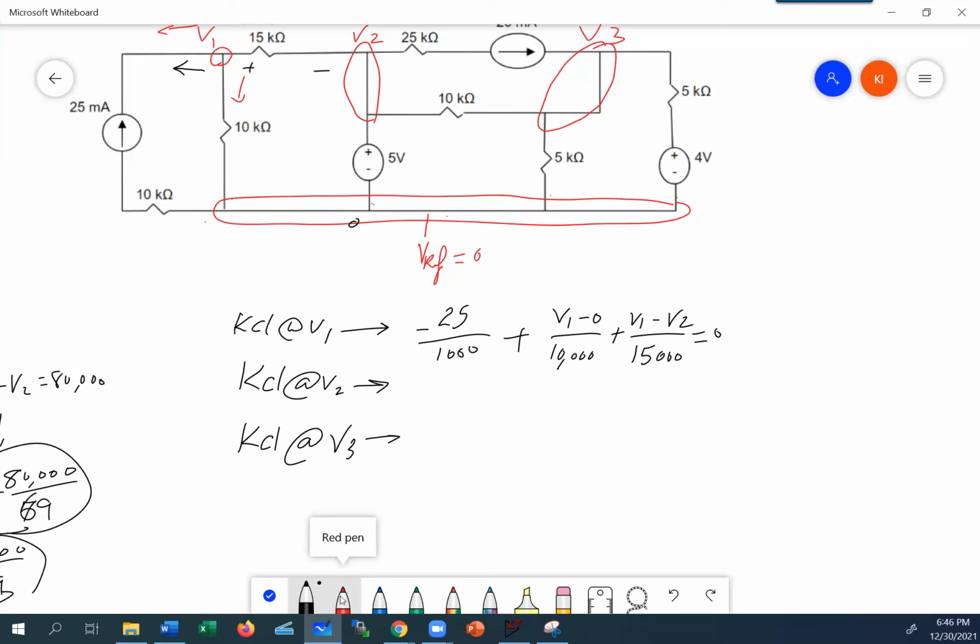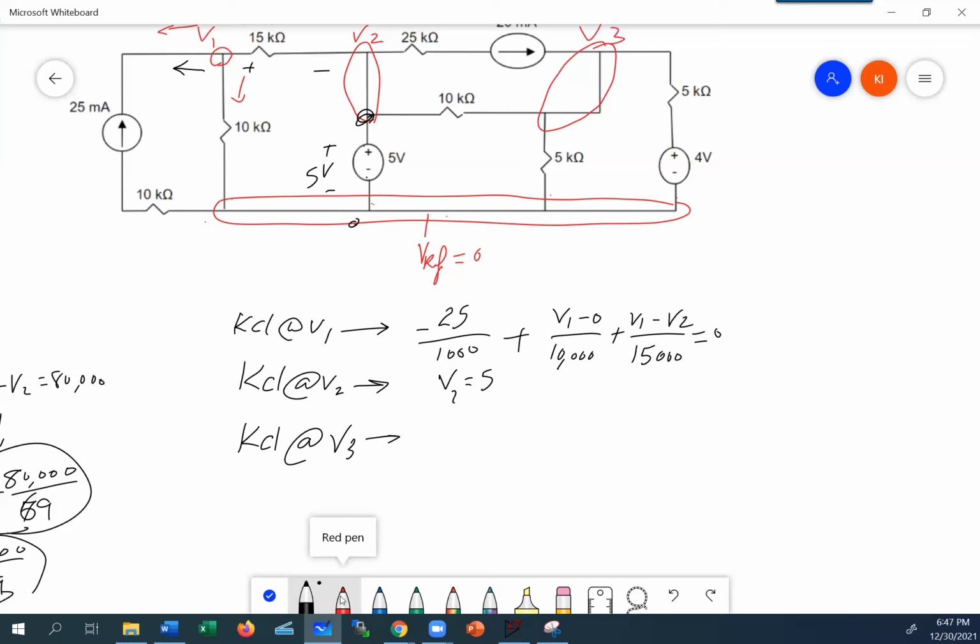You know this is stepping up. The voltage difference from here to here is 5 volts. So if this is 0 and this voltage is stepping up 5, what is the voltage here? The voltage here is already given to me, it is equal to 5 volts. I don't even have to write an equation. V2 is a poof right there for me.